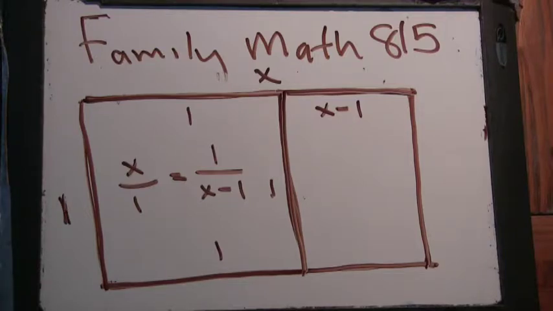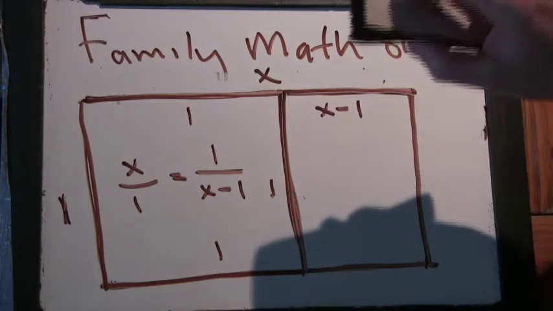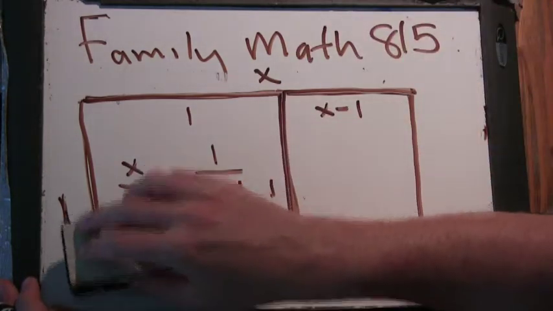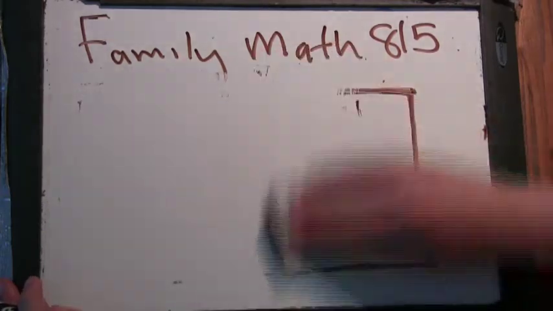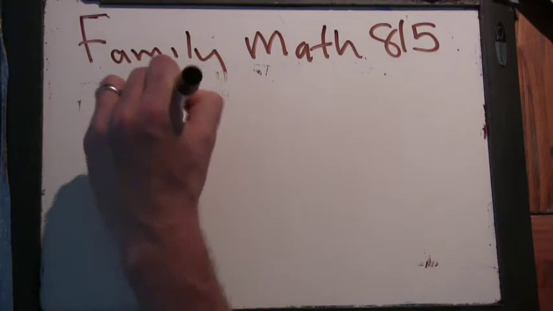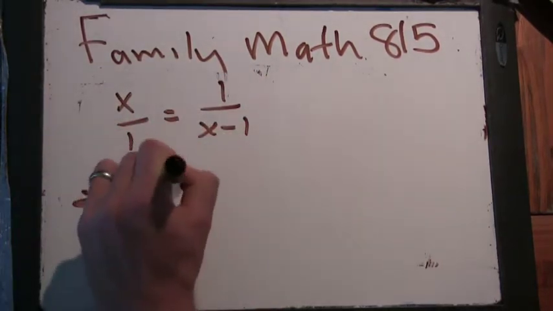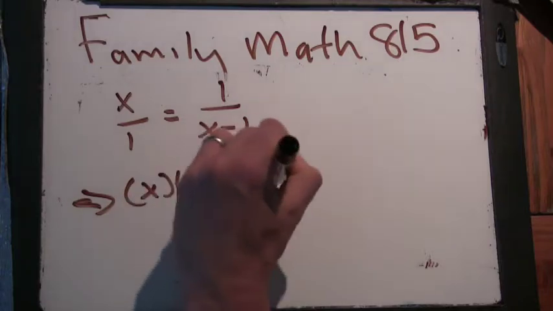So that's the definition of the golden ratio. Alright. And how would I solve an equation like this? Do you know? Well, you could multiply by x minus 1 just to get rid of the fractions. Yeah. So in order to do it on our whiteboard, let's get rid of the rectangle for a second. So x over 1 equals 1 over x minus 1. This tells me that x times x minus 1 equals 1.